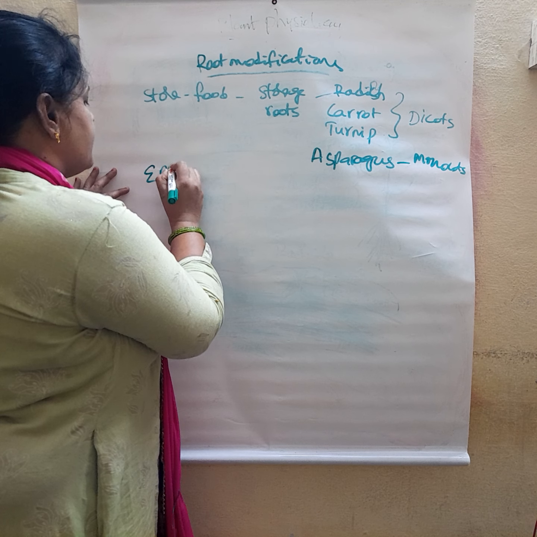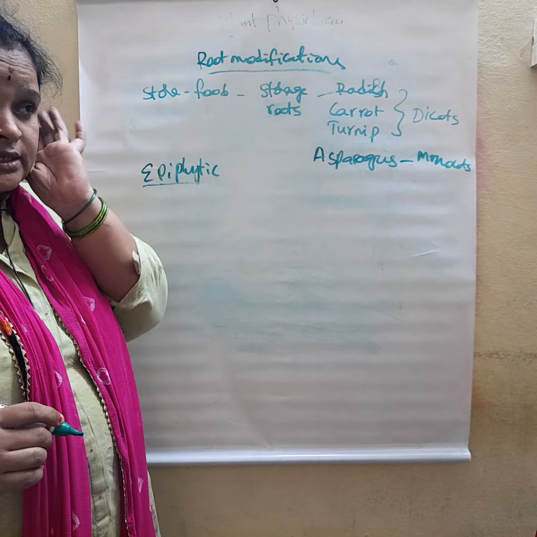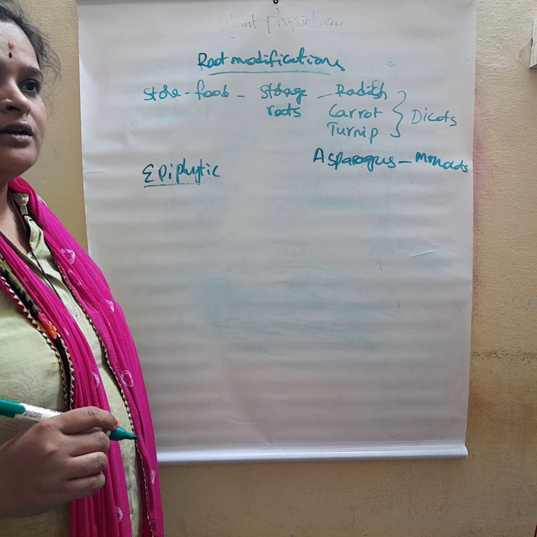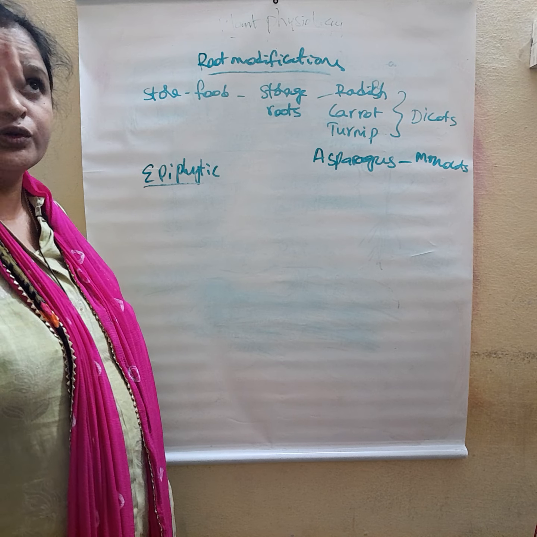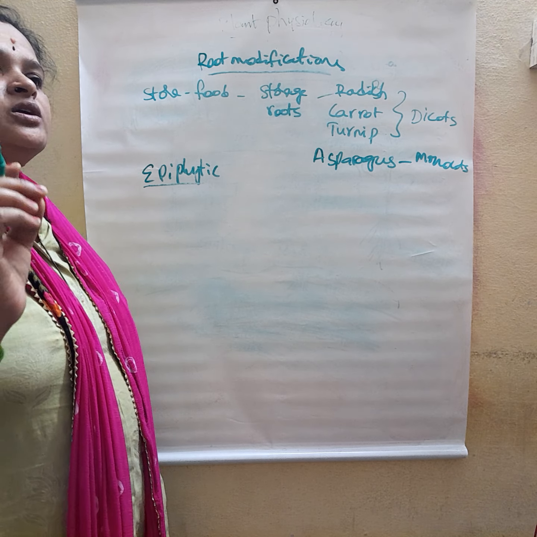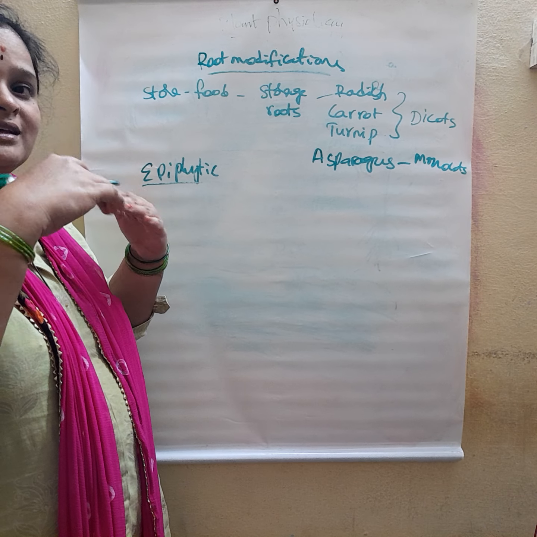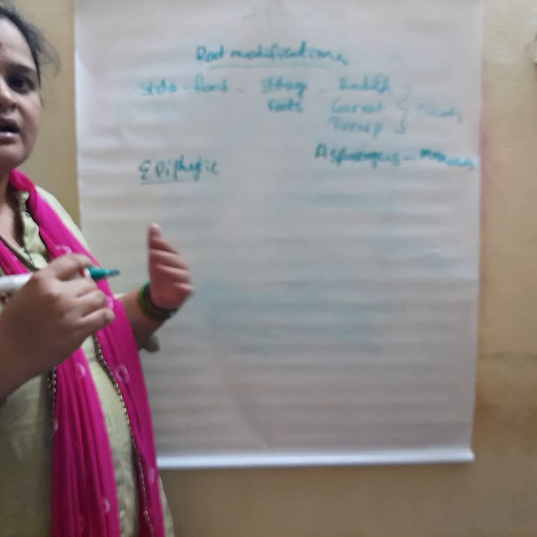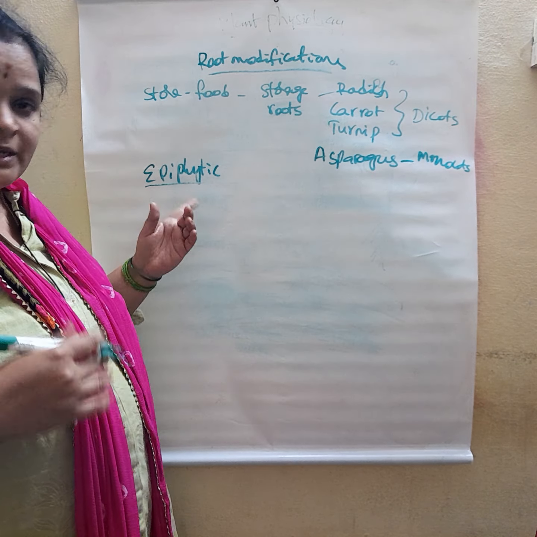So next is epiphytic roots. Some small plants in deeper forest are not getting sufficient sunlight due to the canopy of the large trees. Usually they are growing on the branches of other trees. Those are called epiphytic: epi means above, phytic means plant.